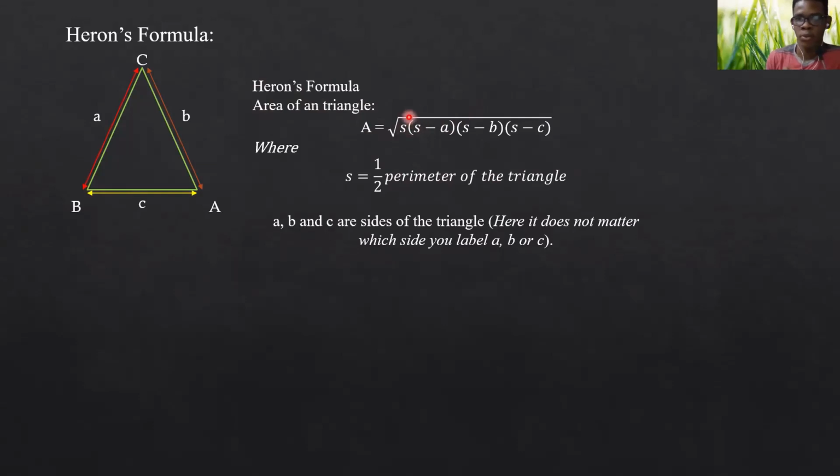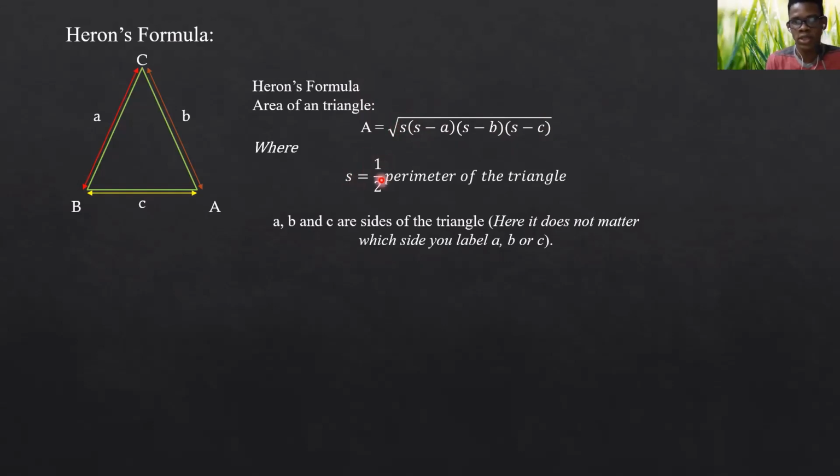Now, it's the product of the difference between S and each side, right? So the area of a triangle using Heron's formula is the square root of the product of S and the difference with each side, right?